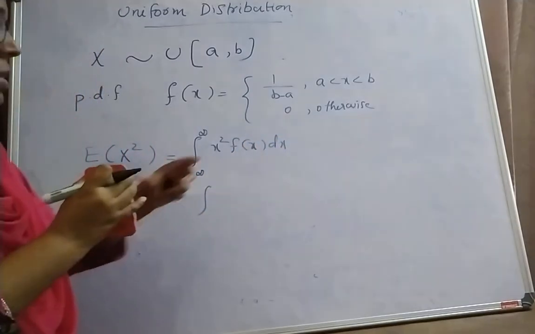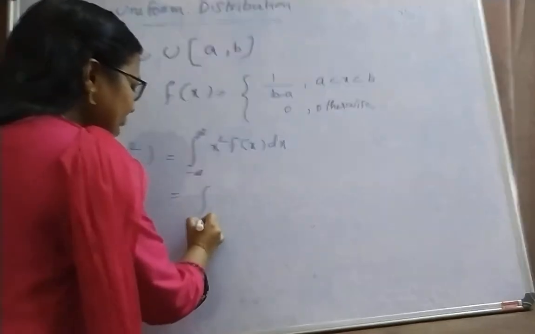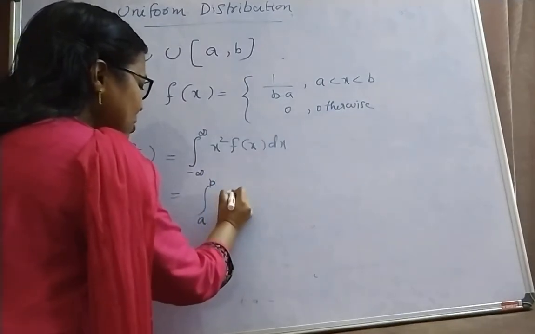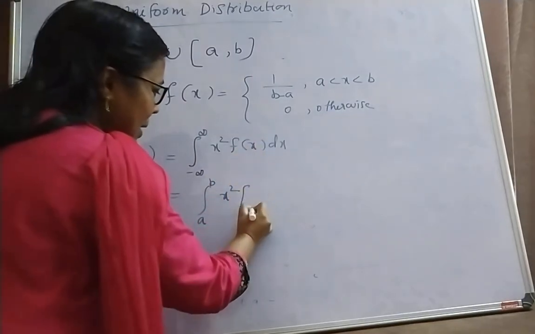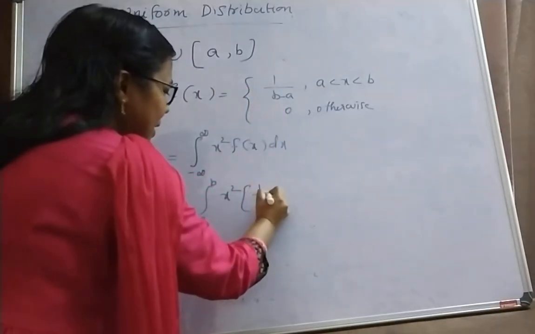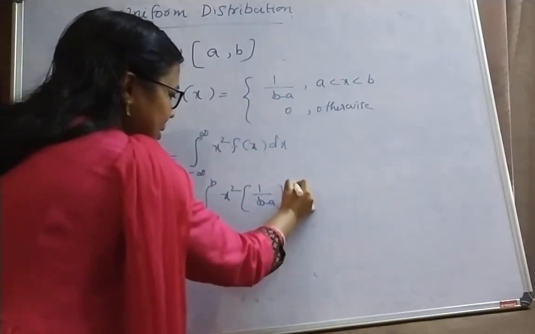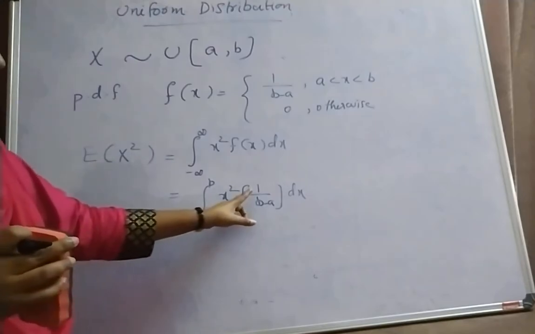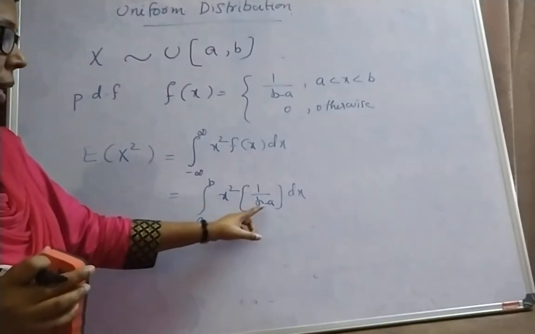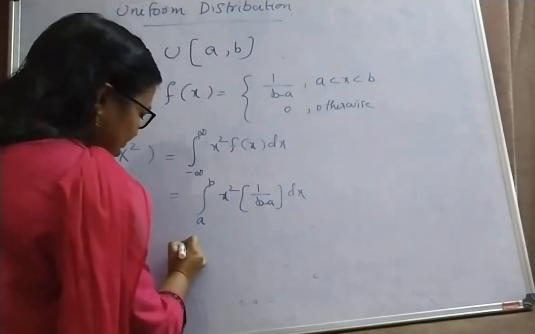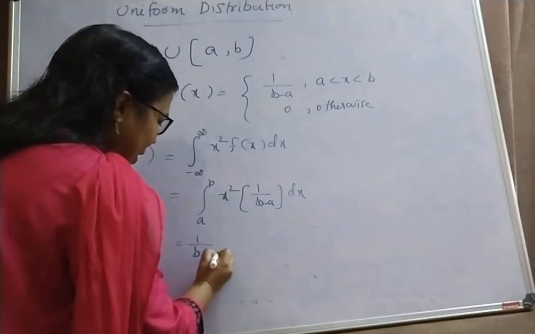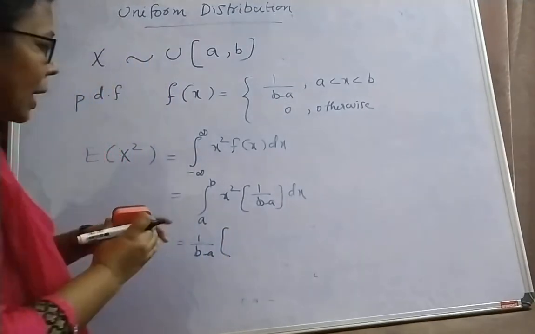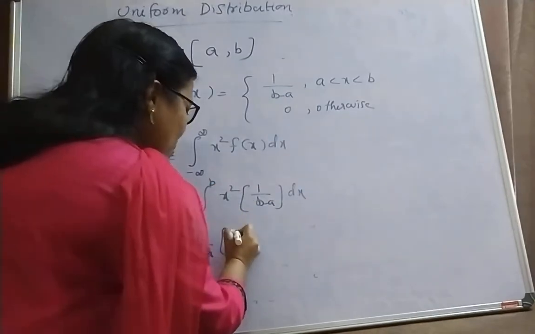Here the limits are a to b. Therefore, integral a to b x square, where f of x is our PDF 1 by b minus a, dx. Since this 1 by b minus a is a constant, it can be taken outside. 1 by b minus a into integral of x square dx, which is x cube by 3.